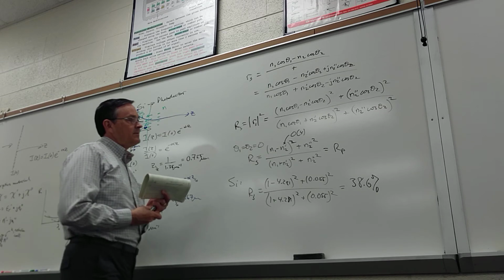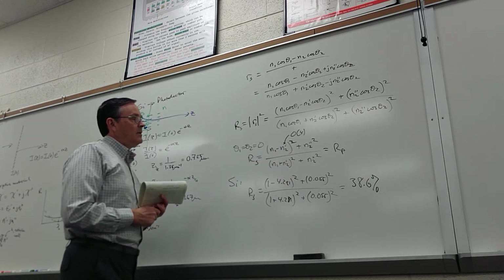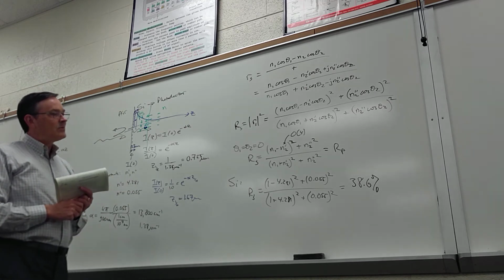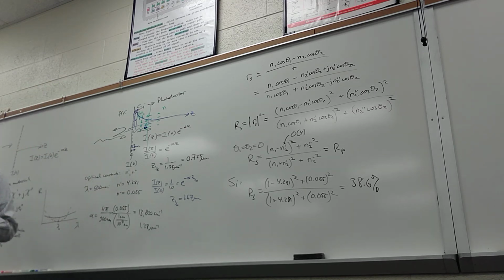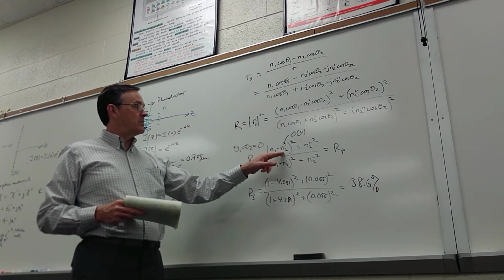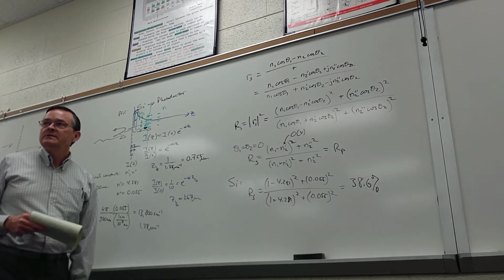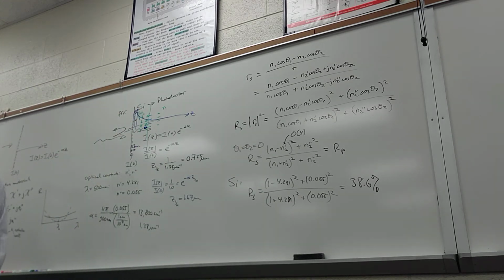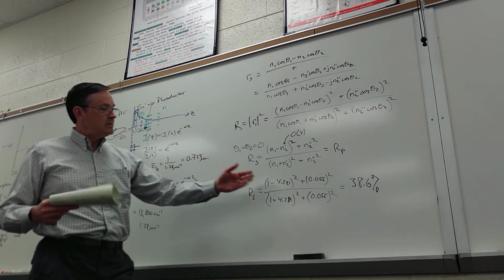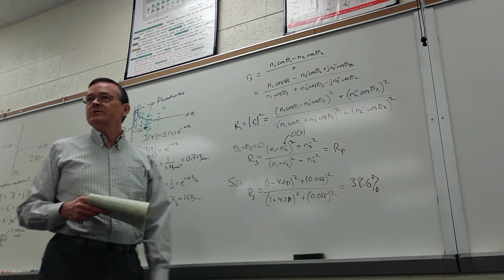And if n2 double prime was 0, and this is on the order of 4, then R_s is about 36%. So if you try to get a good mirror by having a very high real part of the refractive index, you'll get to maybe a third of the power reflected. And here for silicon, that's ballpark where we're at. So that's as good as you can do.